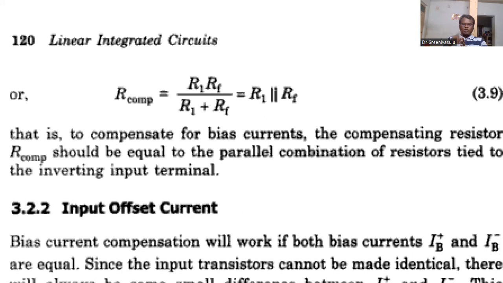Then the output voltage is compensated and there is no offset voltage. Finally, to compensate the bias current, R compensation should be equal to the parallel combination of the resistors tied to the inverting terminal.